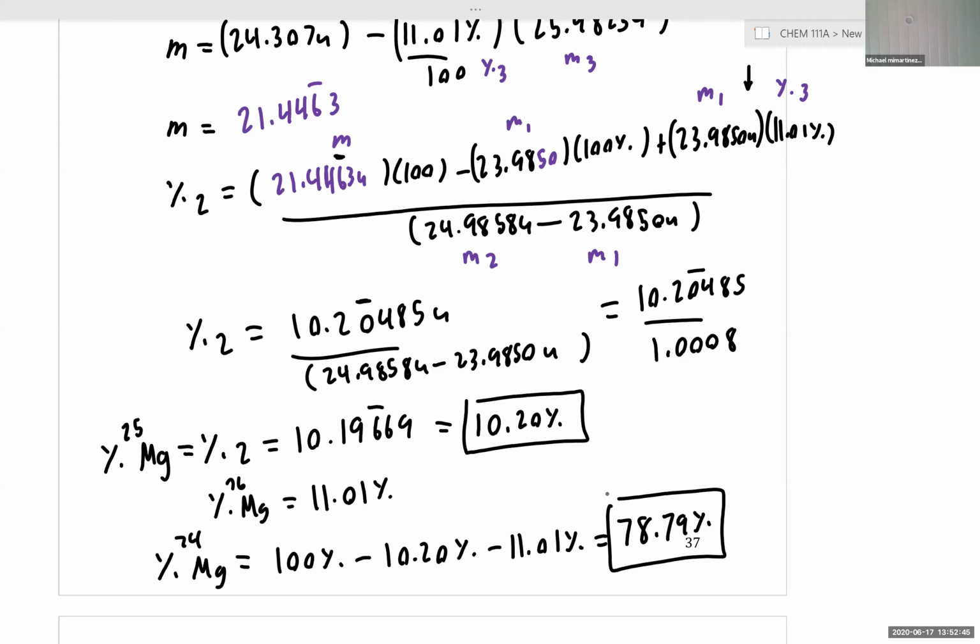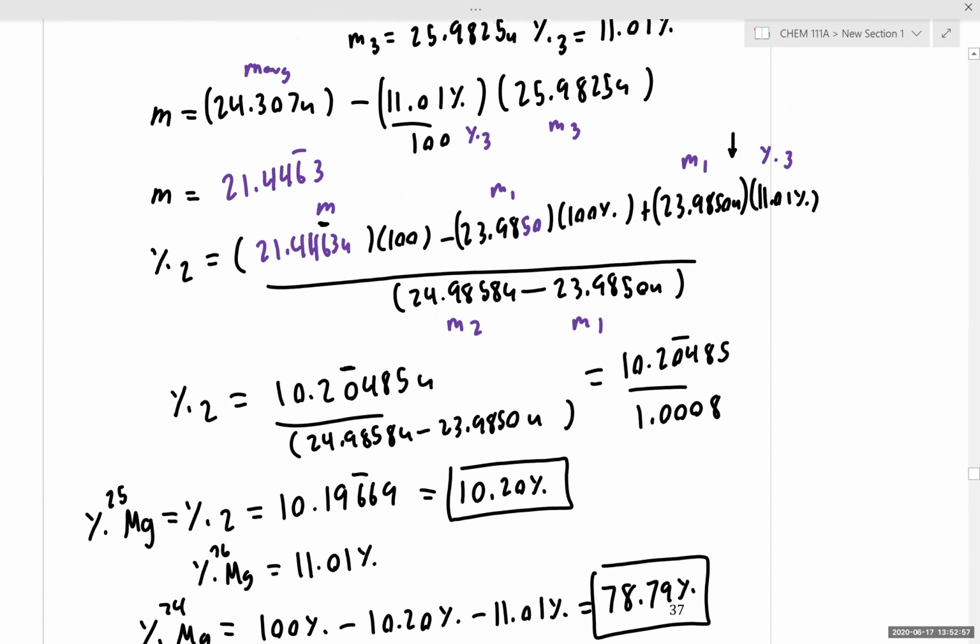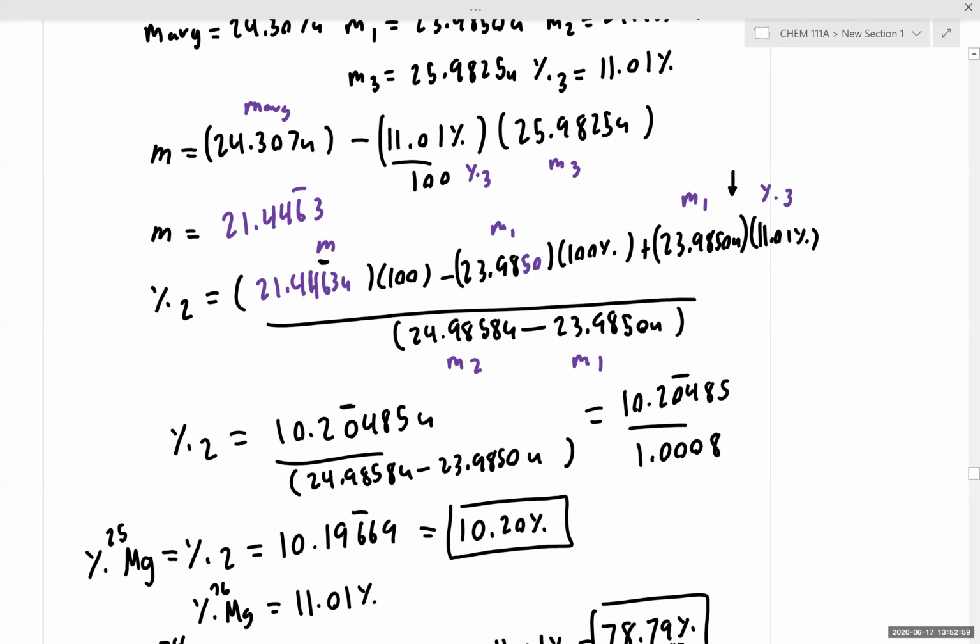Any questions on these calculations? Yes. How do we get that number, 21.4463? Because previously didn't we have 2.8606? So I went through and I redid the calculation. The way that you calculate M is by taking your average atomic mass minus the percentage of isotope 3 over 100 times the mass of isotope 3.